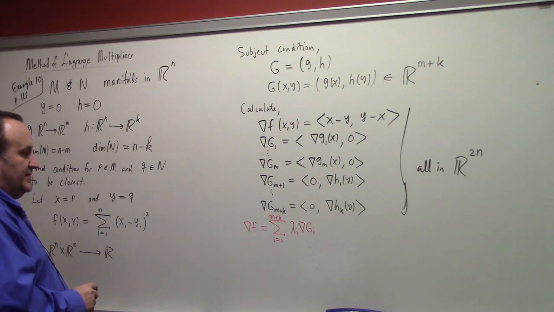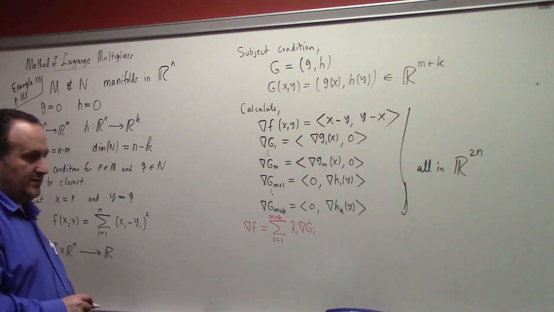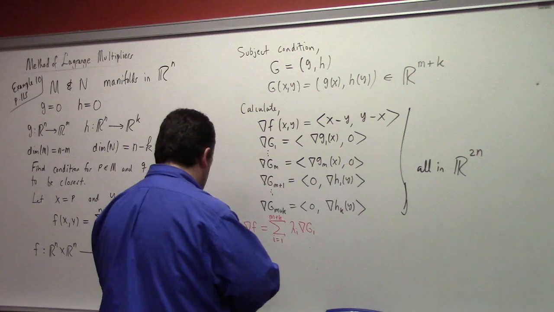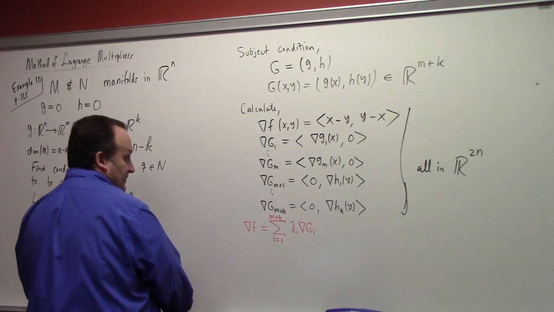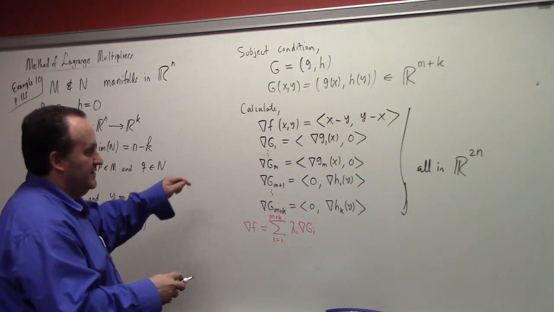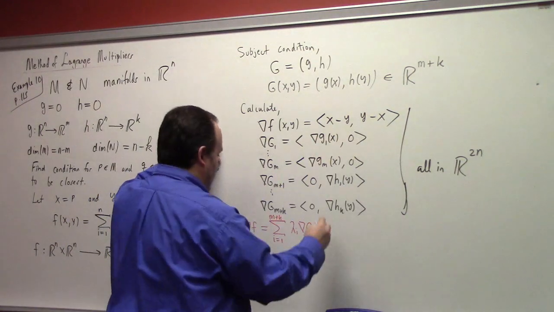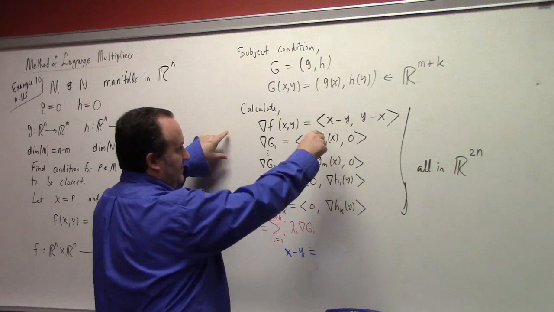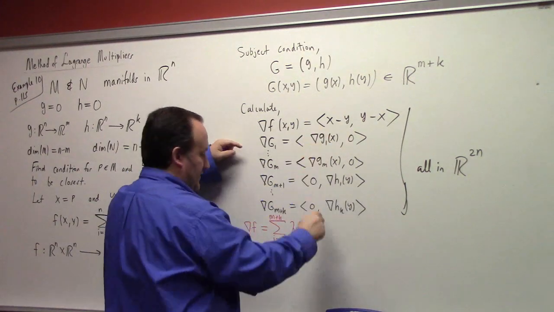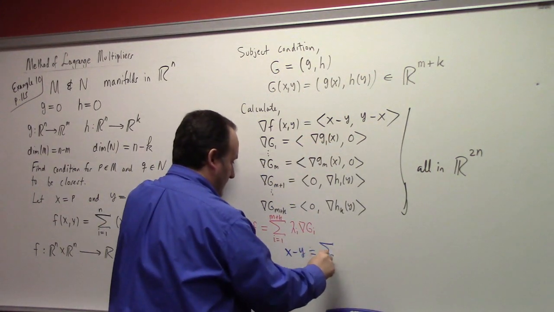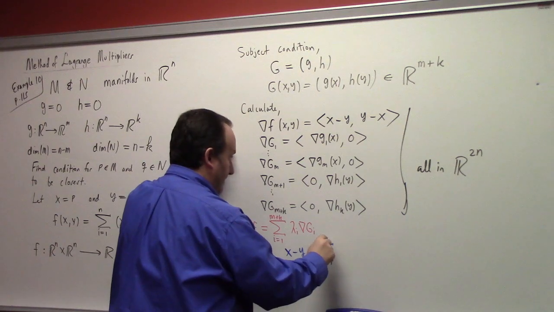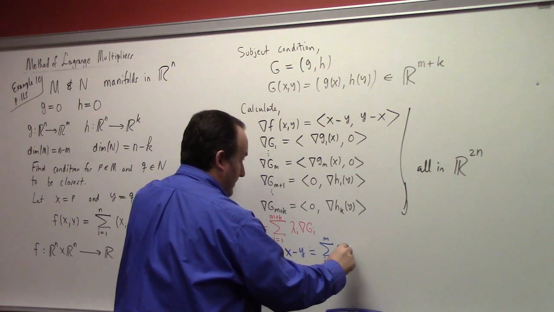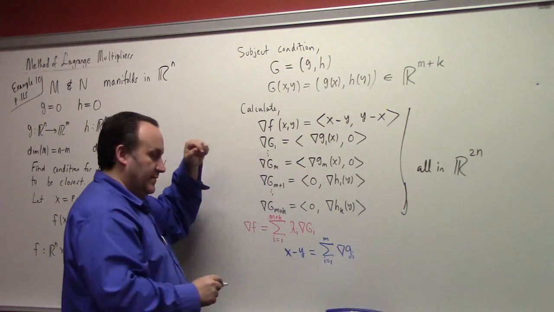So let's think about how that works, right? You have, on the one hand, I think we can actually solve these equations. See how it works? We have x minus y is equal to the sum i equals 1 to m of lambda i nabla g i, right?